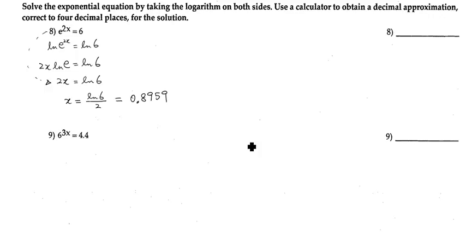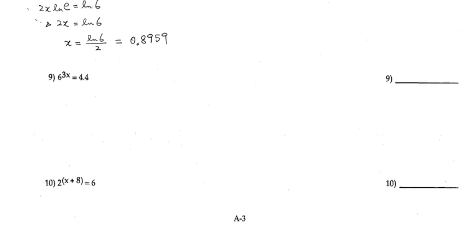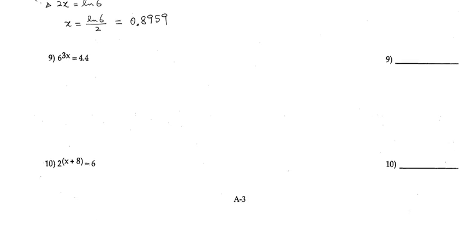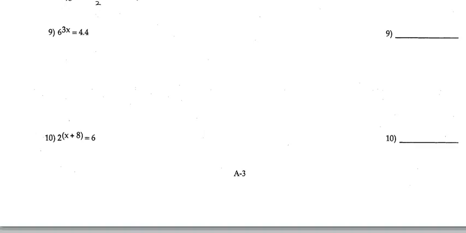Let's see number 9. We want to get the x. Oh, sorry. Let's take a look at number 10. Number 10 is more fun. Yes, it is. Let's see what happened. Well, I want to get the x by itself. So this time, I'm going to take the natural log on both sides.